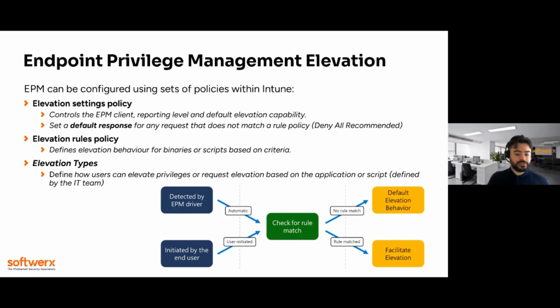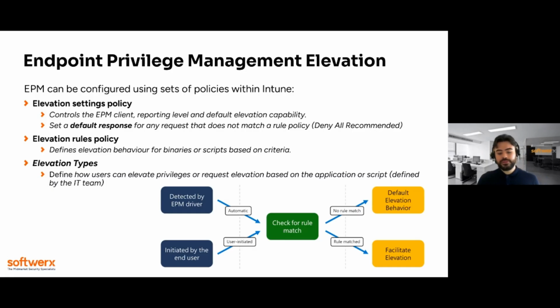You've got user initiated, and this is the one that is typically the best practice, is the way to go forward. Because what happens at the point of a user initiated elevation request is you can define whether you need to have business justification for that application to be elevated, and you can also trigger a Windows authentication request for that as well.